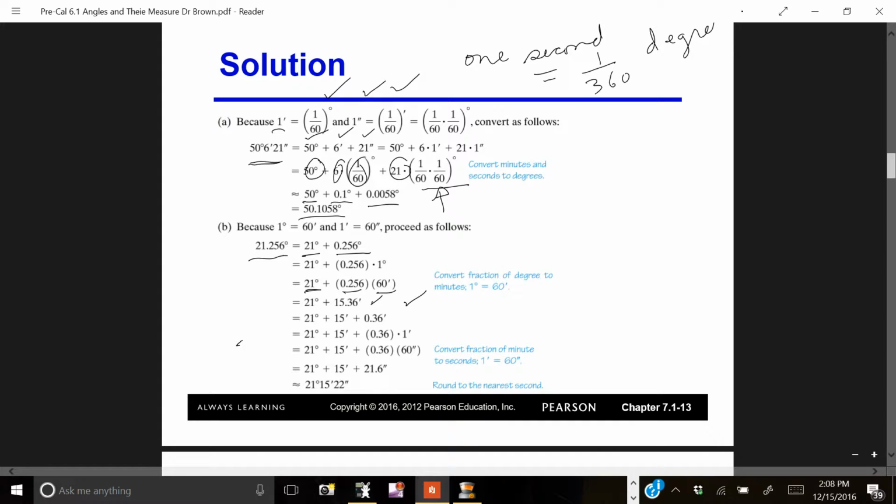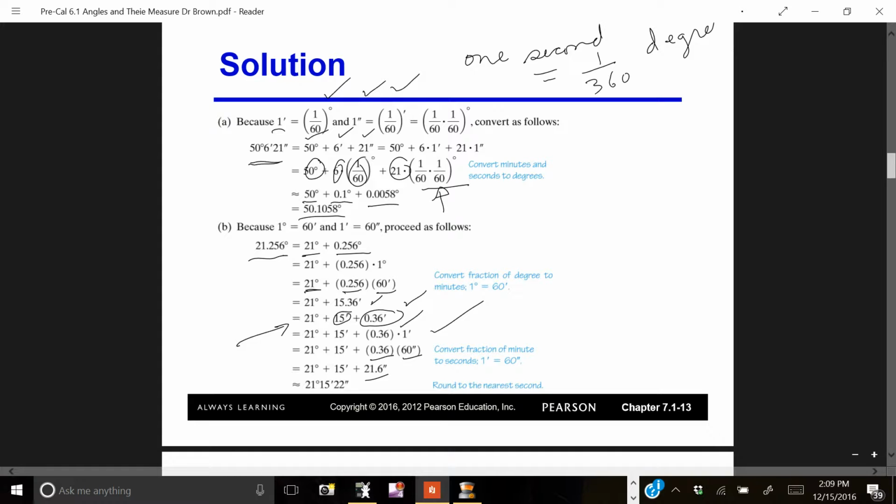And now we can break this up into 21 plus 15 plus 0.36 minutes. And 0.36 minutes is 0.36 times 60, which gives us 21.6 seconds, because if that's in minutes and we want to go to seconds, we multiply by 60.